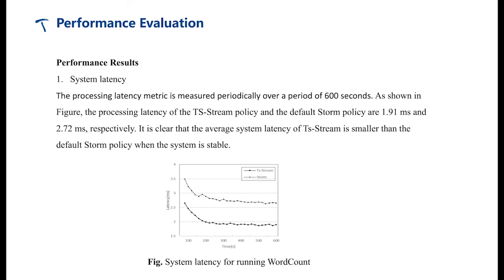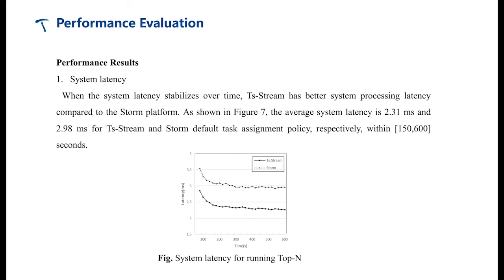We test the solution with 2 classic tasks. They are word count and top N, and we look at the system latency and the system throughput. As you can see here, our solution achieves lower latency as compared to the standard Storm for word count. Also for top N, we achieve a better result for system latency.